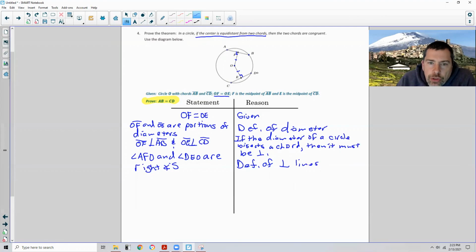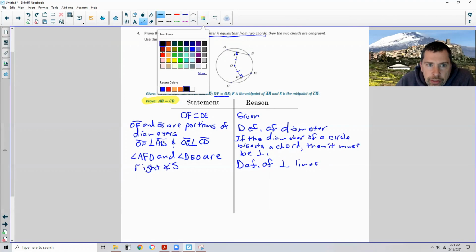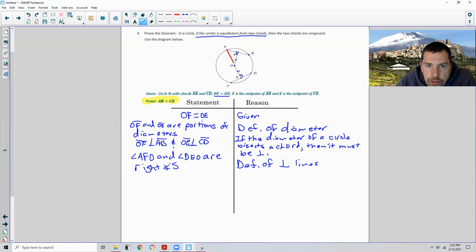All right. So now if I make a triangle, so let's switch to a segment. Let's draw it in here. Let's use red. So let's make a triangle here, triangle AFO and triangle DEO, like so. So now I can say triangle AFO and triangle DEO are right triangles.